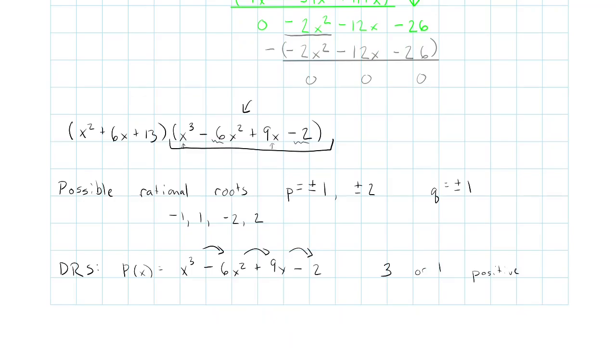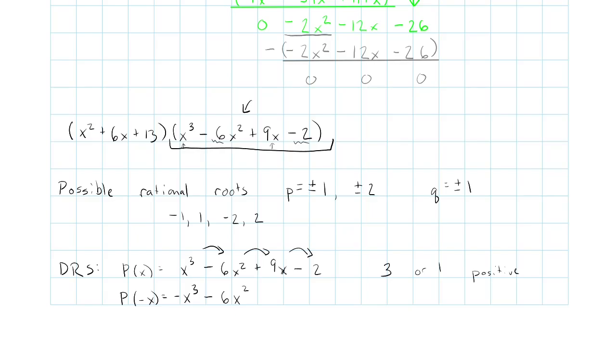If I take p of negative x, right, the sign of the x to the third changes, so that's negative x to the third. X squared and negative x squared are the same, so that stays negative 6x squared.